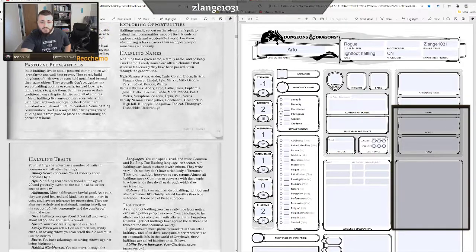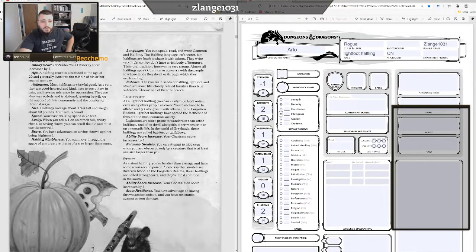We chose the Lightfoot Halfling, so we get a +2 to our dexterity, which makes this a 17, which subtract 10, 7, divided by 2, 3.5. That now makes this a +3. And our intelligence goes up by 1.